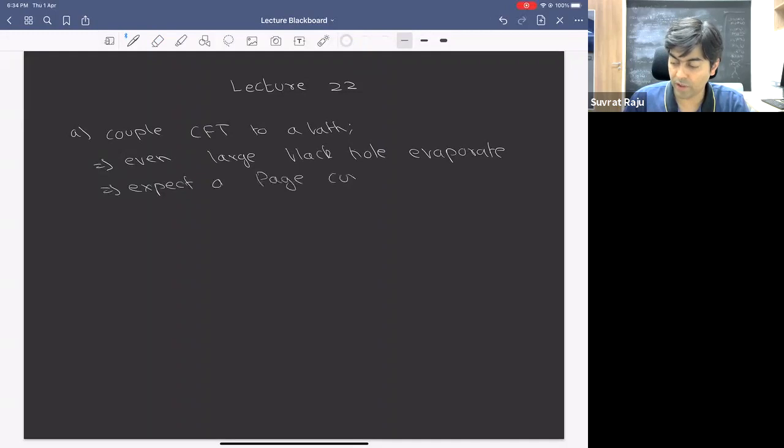And the question is, what does this tell us about the interior? Does this shed any light on the puzzles we are discussing right now? The answer to this question, which I should emphasize, is nothing.